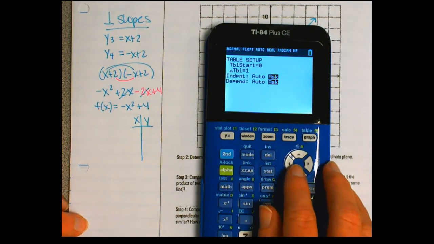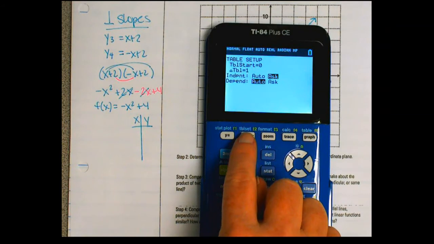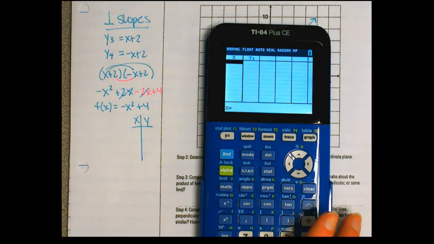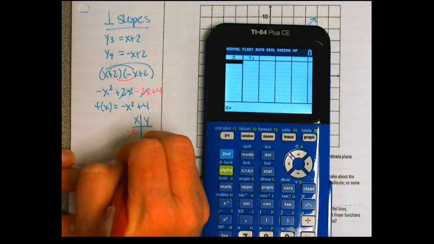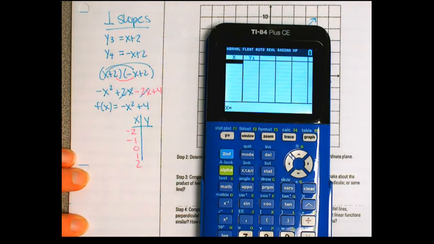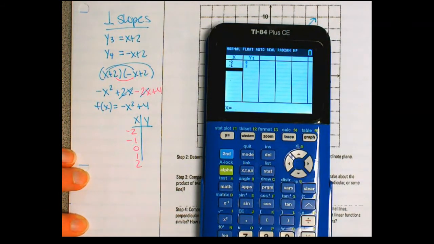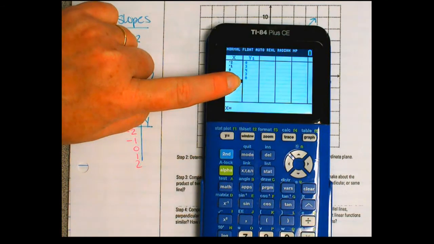I've got it set up as ask and auto, which I found under table set right here. If I go to second table, I can fill in stuff. So I'm going to fill in -2, -1, 0, 1, 2. Those are my go-tos. And then when I fill them in, it goes ahead and tells me what's happening on this side.